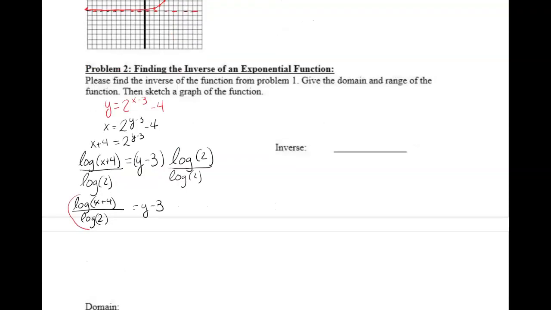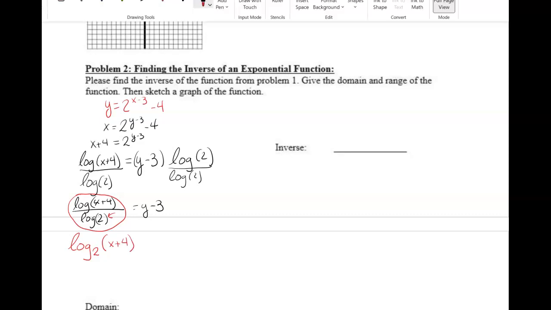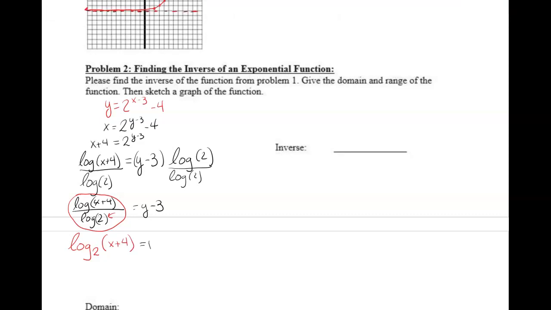And this is what we call the change of base formula. So I can take log base 2, because your base is always going to be on the bottom, of that x plus 4, the stuff on top, is going to be equal to that y minus 3.